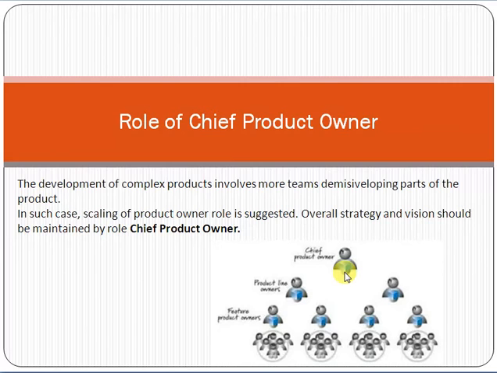The chief product owner is the leader of a complex project. When we have very complex projects where lots of modules are there and multiple teams are working, for example a product on which around 70 to 100 persons are working, we can define a product owner for each module.